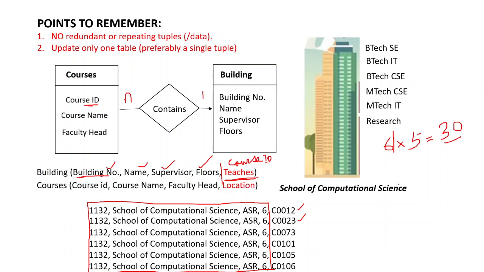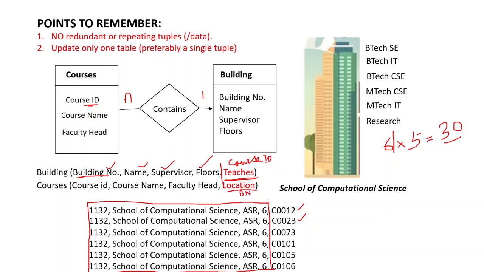So now what we will do is merge the building information in the courses table. This is the n side of the relationship, that is the courses relation, and now we introduce an attribute location, which is essentially the building number.